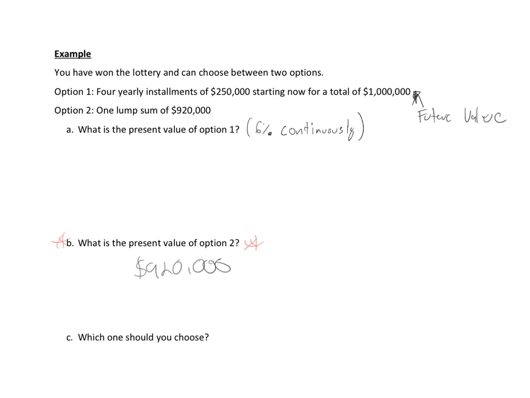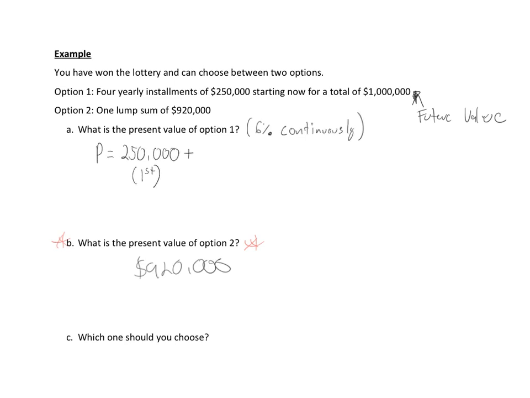So we need to figure out what each one of these 4 payments is going to be worth, and that's going to give us our total present value. So I would say the present value of the first payment, right? We're getting 4 total, but the first one you're getting right now. So the first payment is worth $250,000 to you in present terms. So this is our first installment.